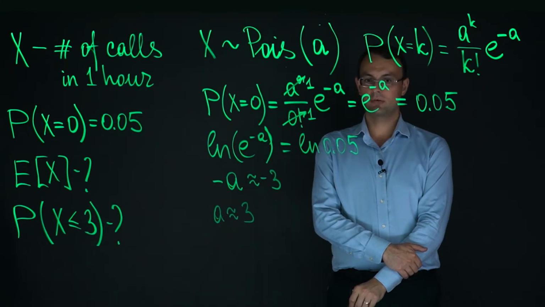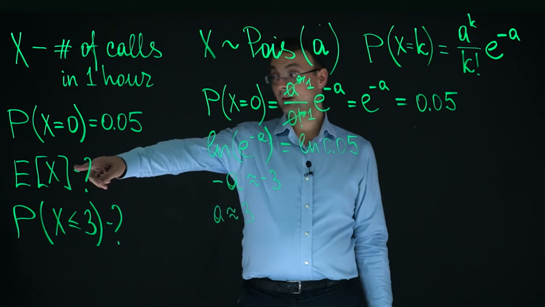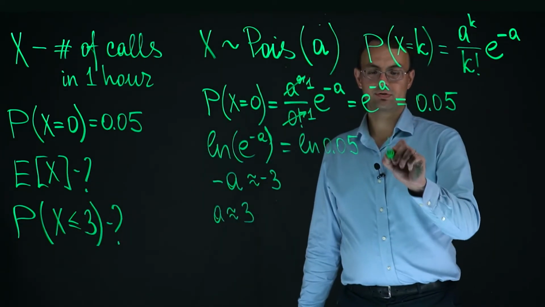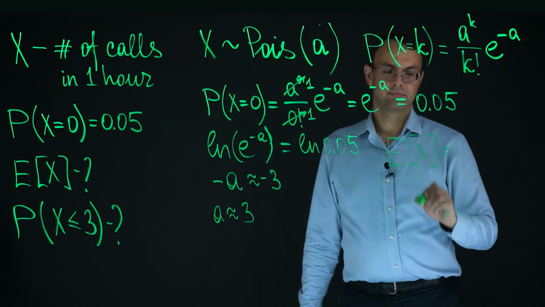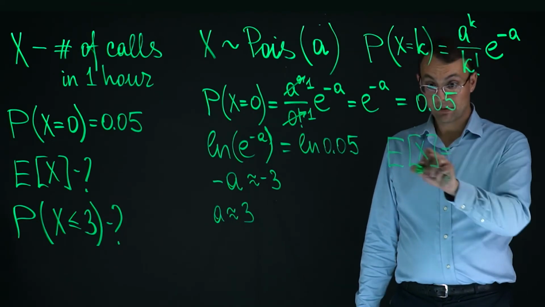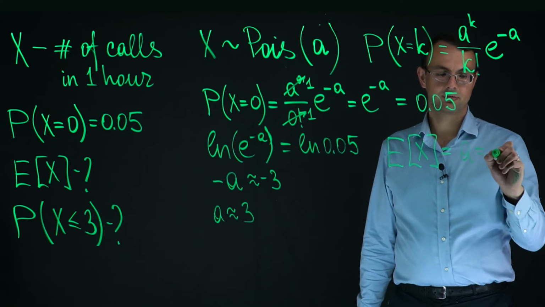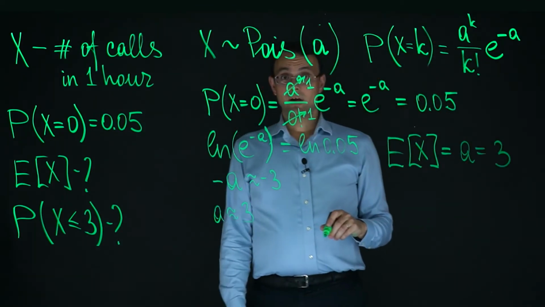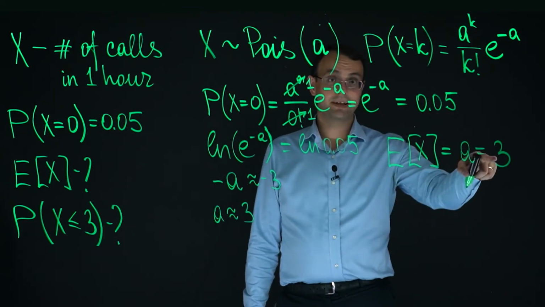So now we can answer the first question, as we know that for Poisson distributed random variables, expected value is equal to a, equal to the parameter. So this is 3. So the average number of calls they receive each hour is 3.